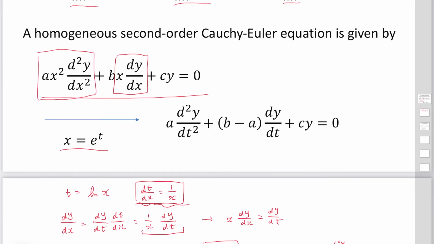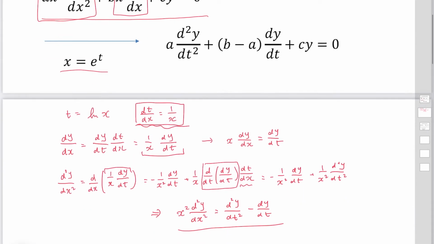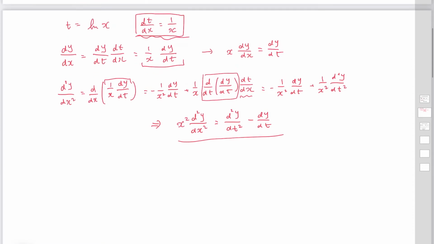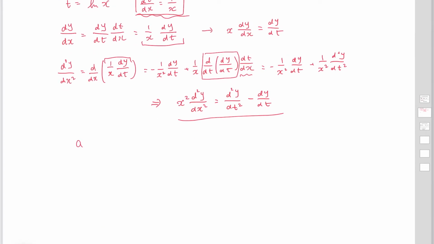Then you can substitute this into the differential equation by changing the variable from x to t. So a x squared times the second derivative plus b x dy/dx plus c y equals 0.